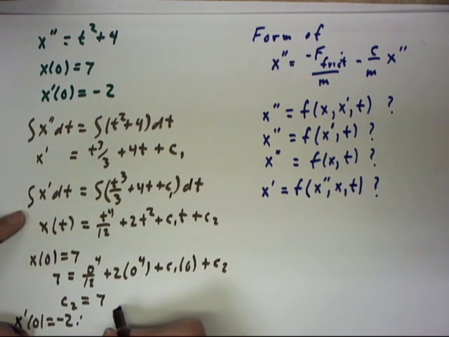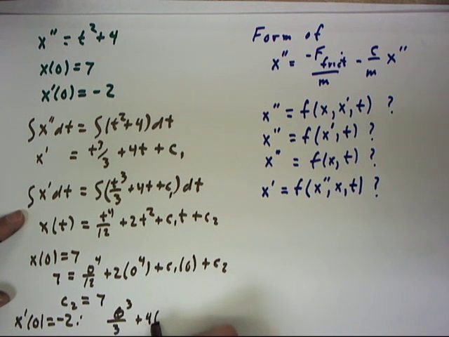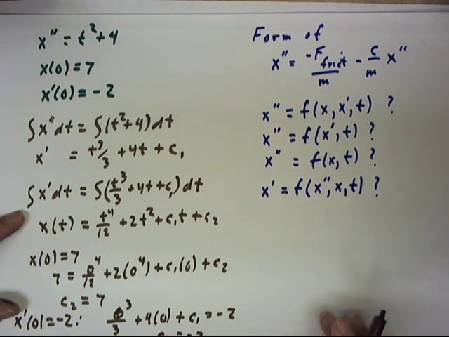Our x prime function is t cubed over 3. Well, that's going to be 0 cubed over 3 plus 4 times 0 plus c1 equals negative 2, so that c1 equals negative 2.